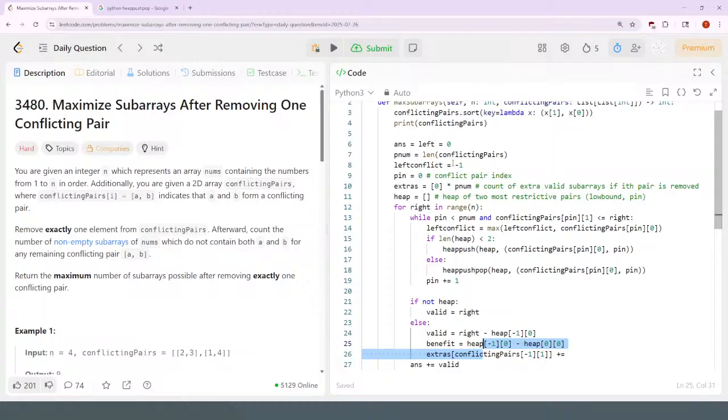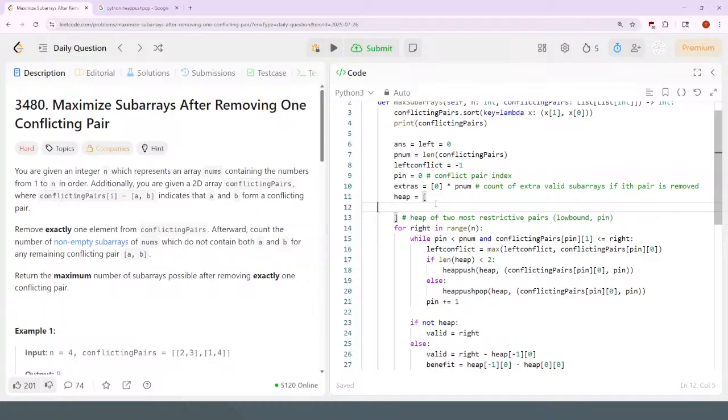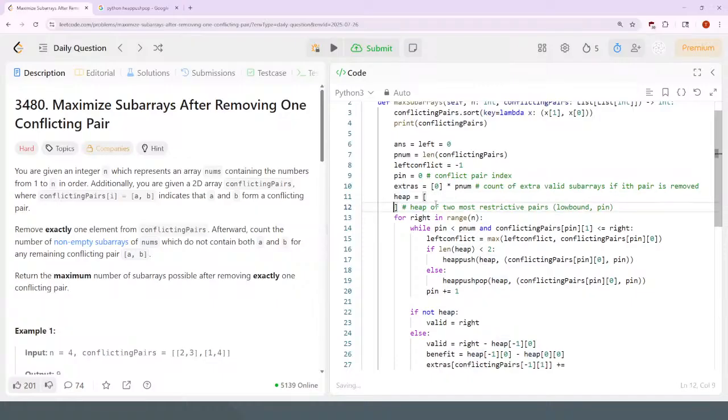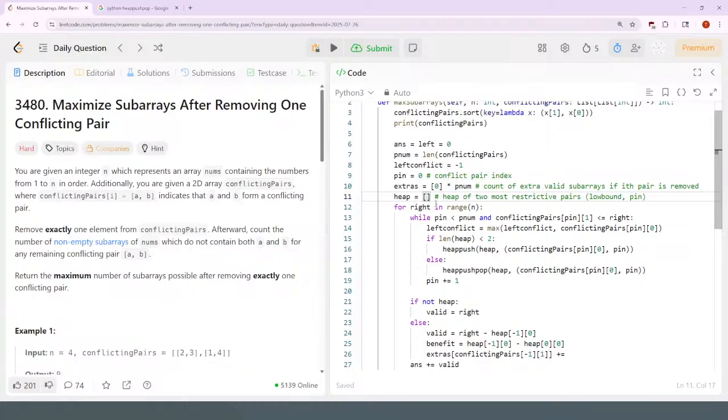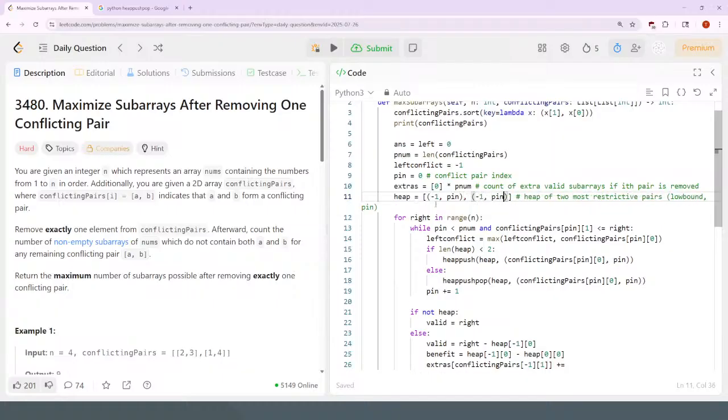So I think maybe I'm just going to do the hack here. I'm going to create 2 dummy restrictions. I'll say the 2 dummy ones are -1, and the pin for that would be pin. I'll need to create the extras array using 1 extra index for the dummy.